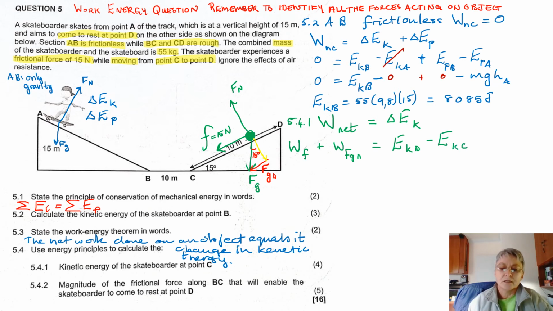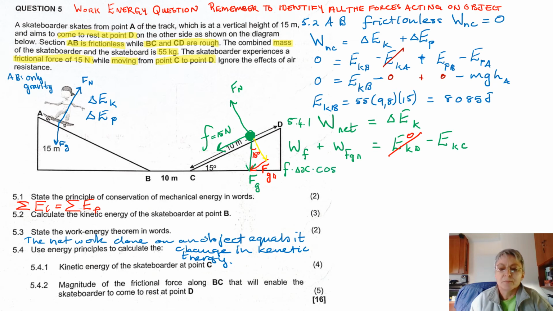Now the EK at D, the object stops there, so that is 0. Now the work done by the frictional force would be the frictional force times delta x, that is the distance it goes up the plane, times cos.